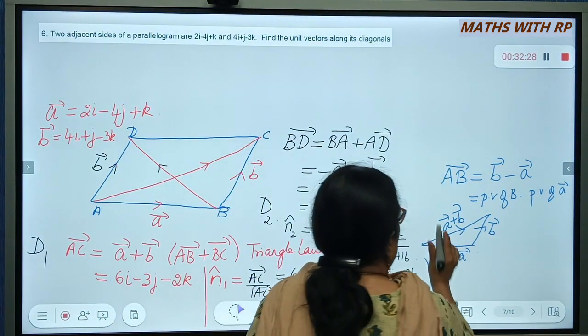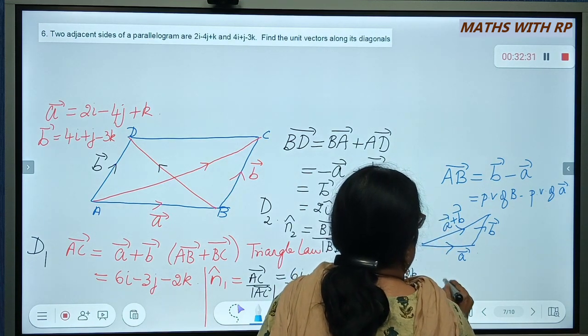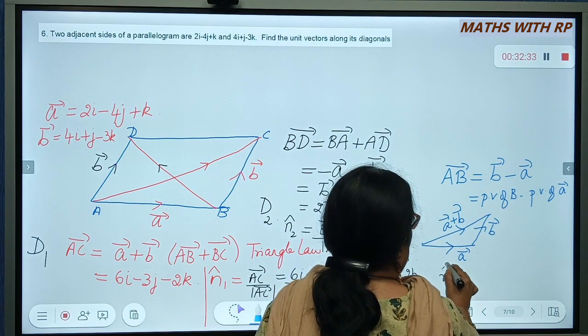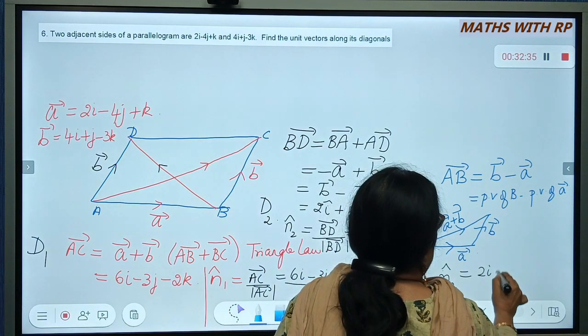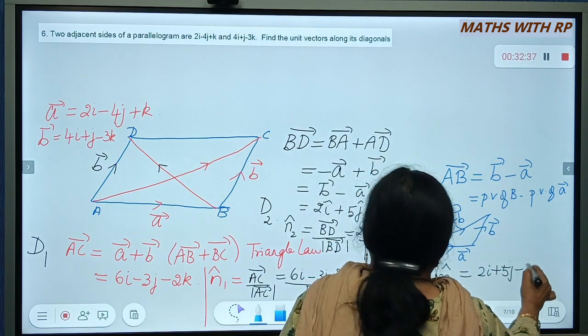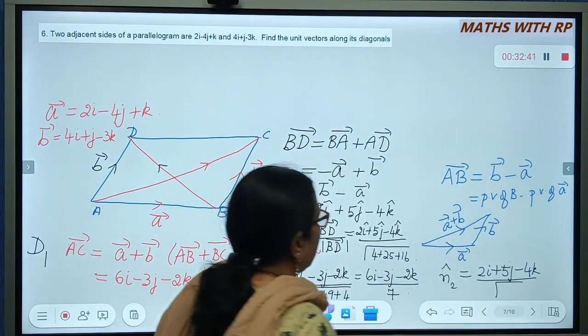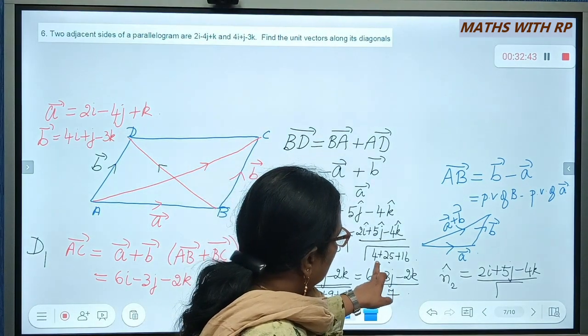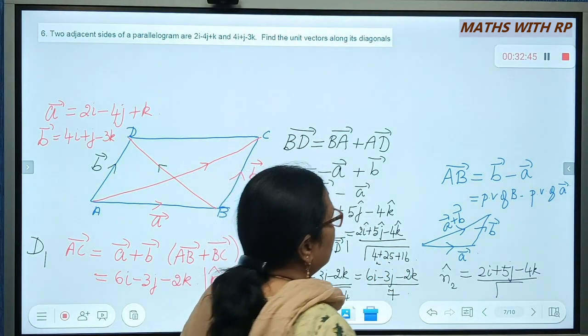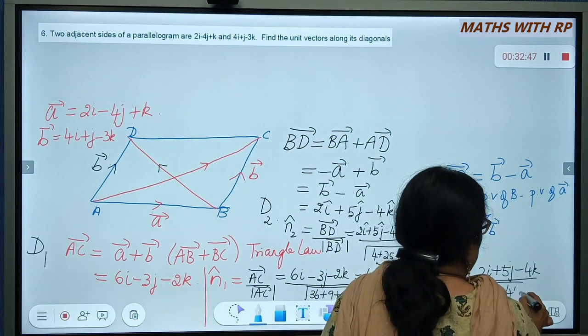So N2 vector will be 2i plus 5j minus 4k by root of 45.